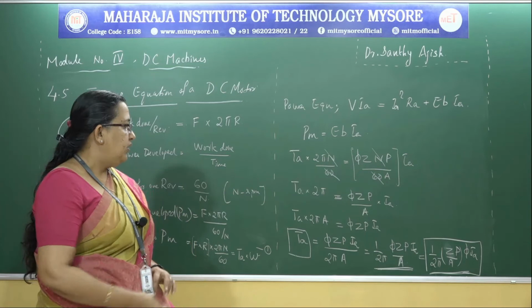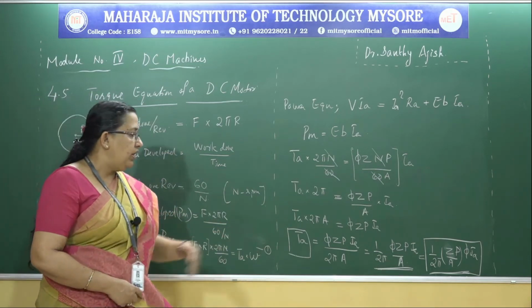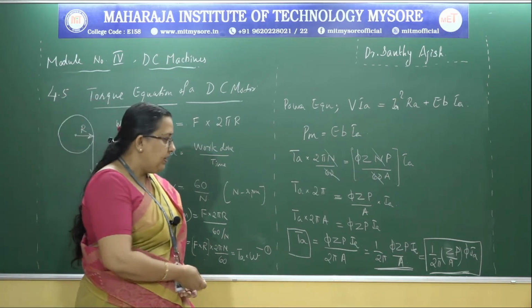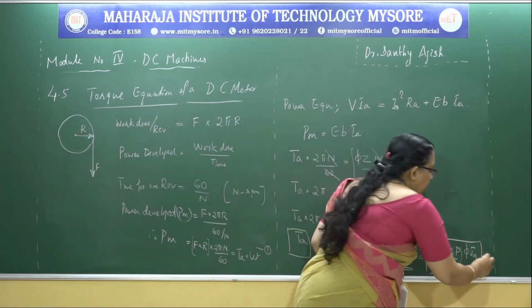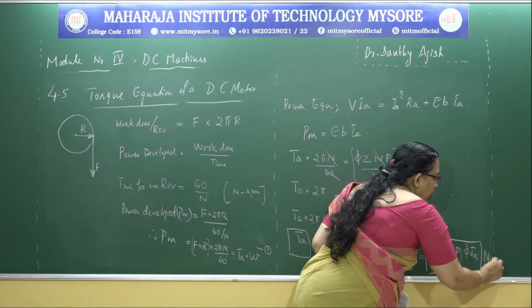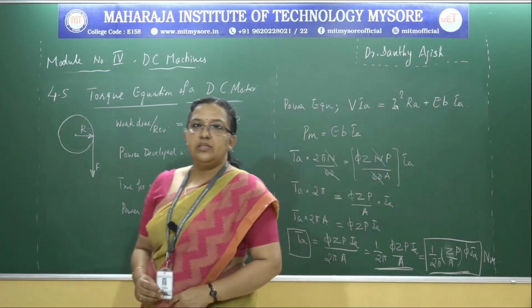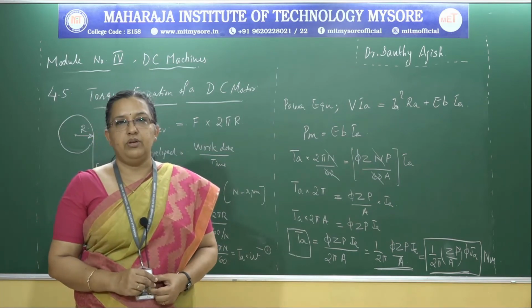So the torque equation of a DC motor is given by TA equals 1 by 2 pi ZP by A into phi Ia, and the unit will be Newton meter because it is the torque. So that's all about the torque equation of the DC motor. Thank you.